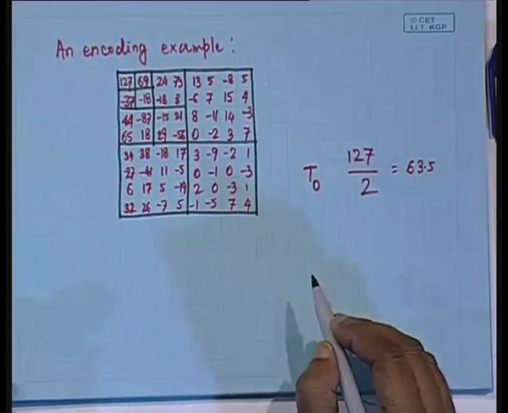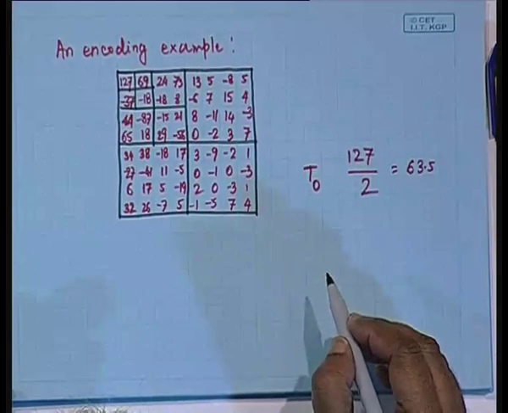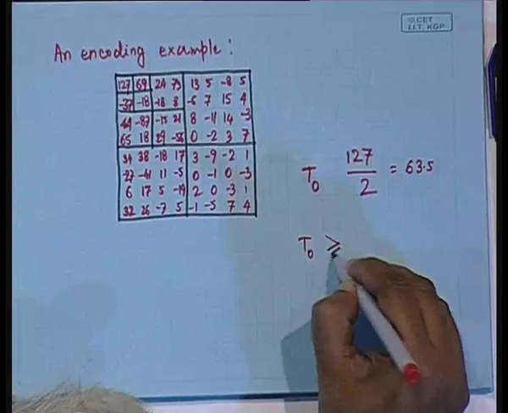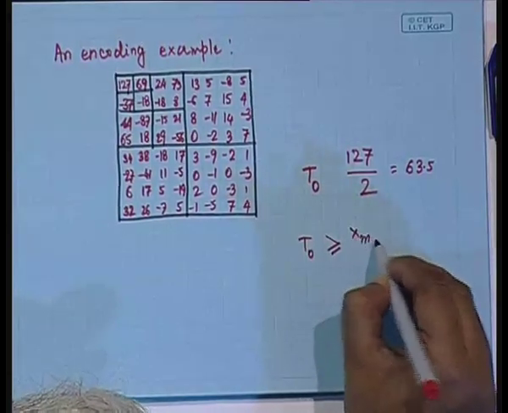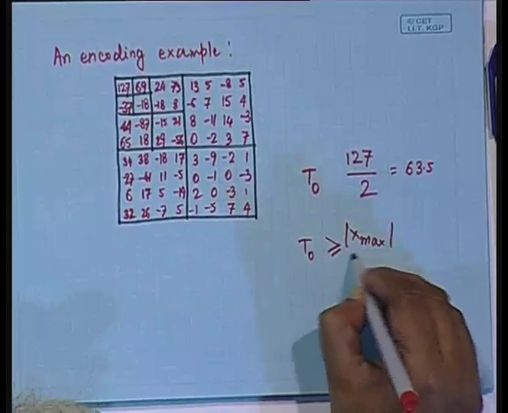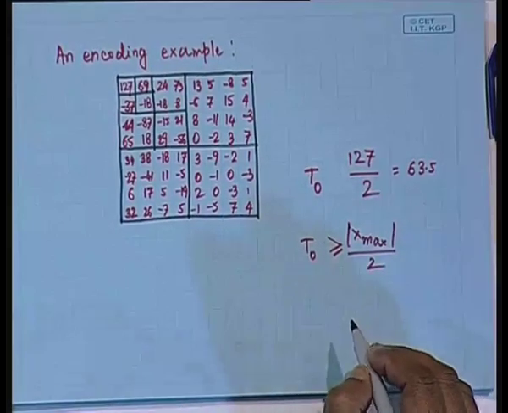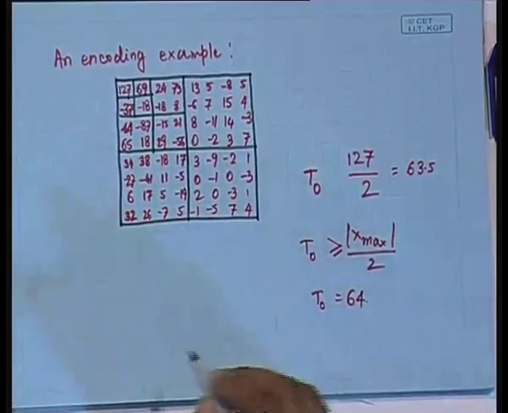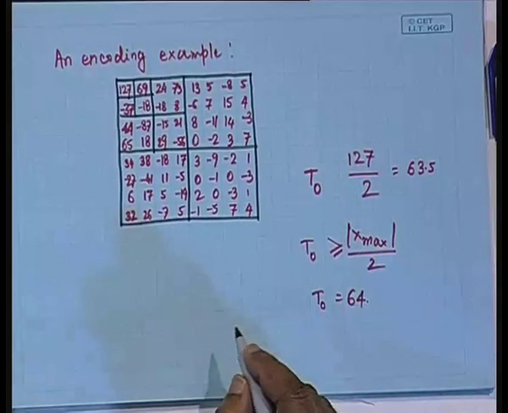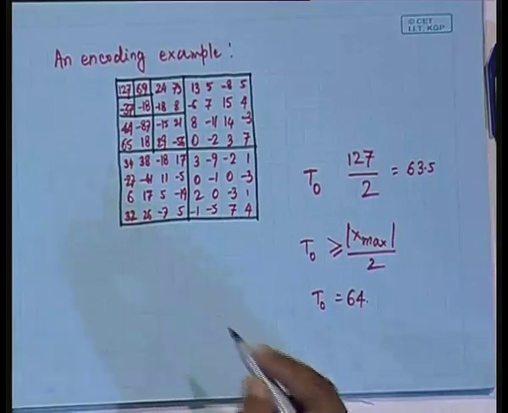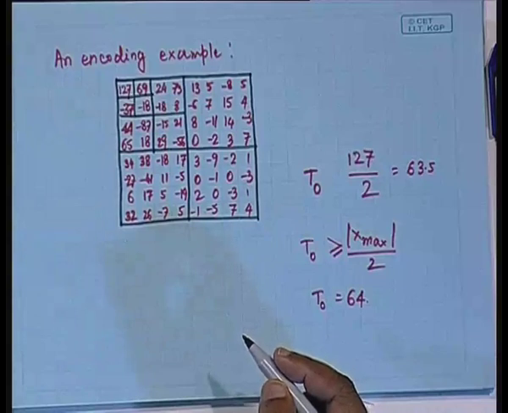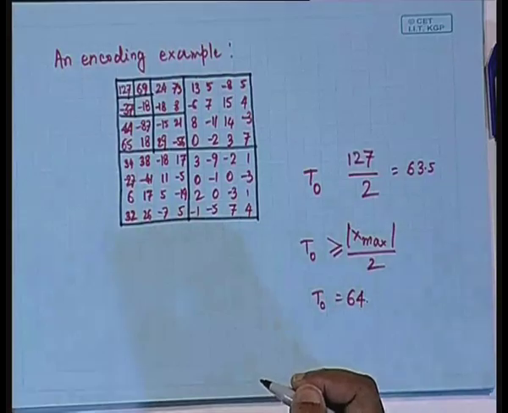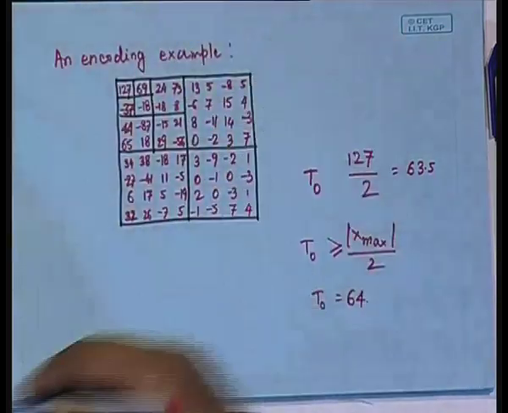So, we actually make the threshold slightly greater than mod of x max by 2, so that in this case T 0 is chosen to be 64. 64 is a good number, it is 2 to the power 6, a binary number, and it will be very easy to halve in successive passes. So, we begin with T 0 as 64 and then we examine this array.